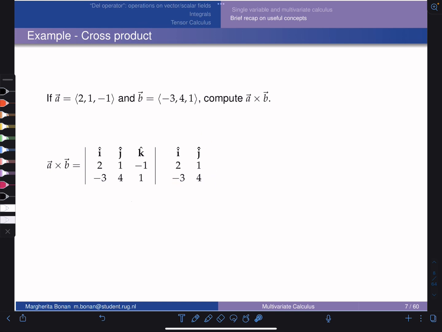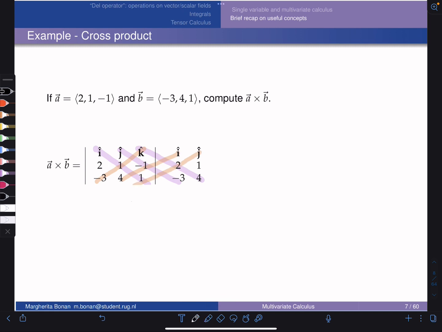adjacent to the matrix, so that we can trace some diagonals. So we have this, this, and this diagonal, and this, and this diagonal.